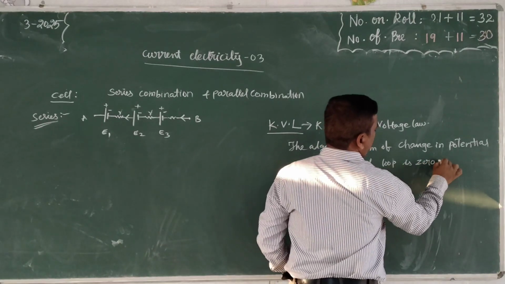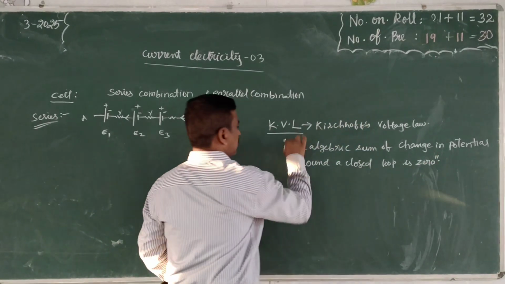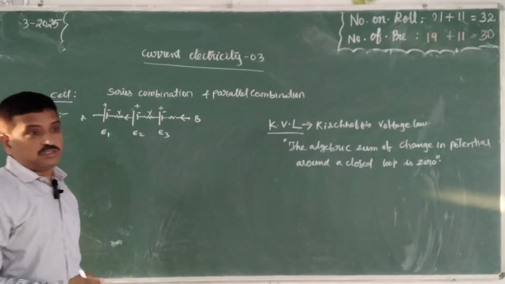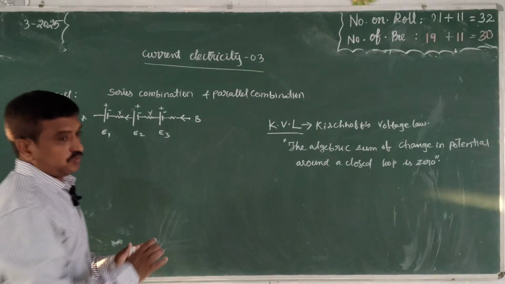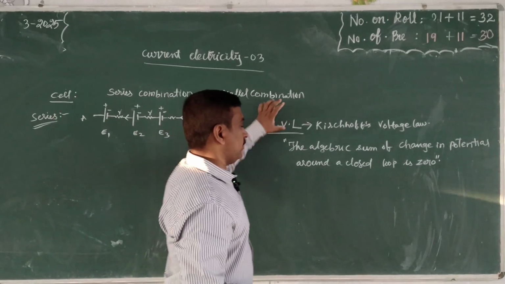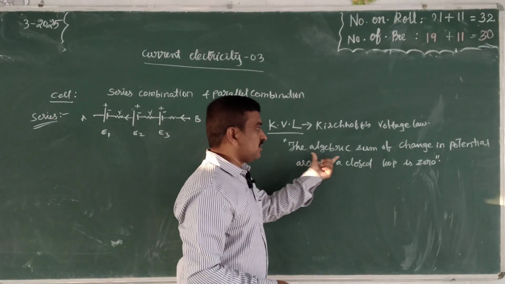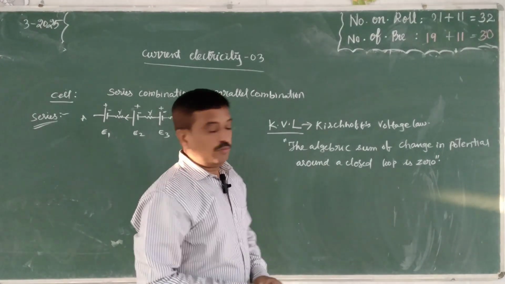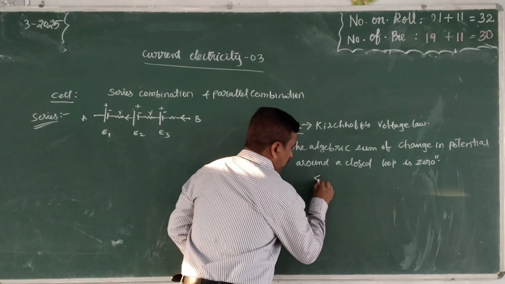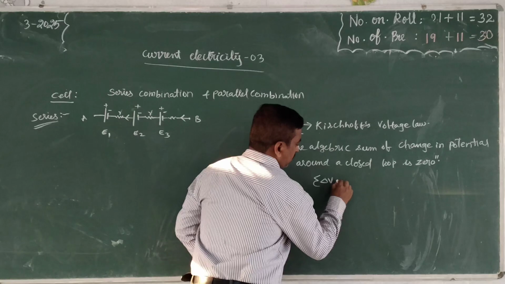Actually, there are two laws: Kirchhoff's current law and Kirchhoff's voltage law. We discuss the other later. Now we use this one. Mathematically, we can write summation of delta V equals 0.